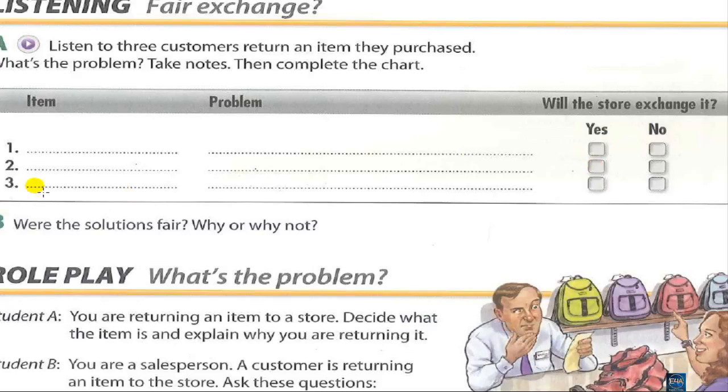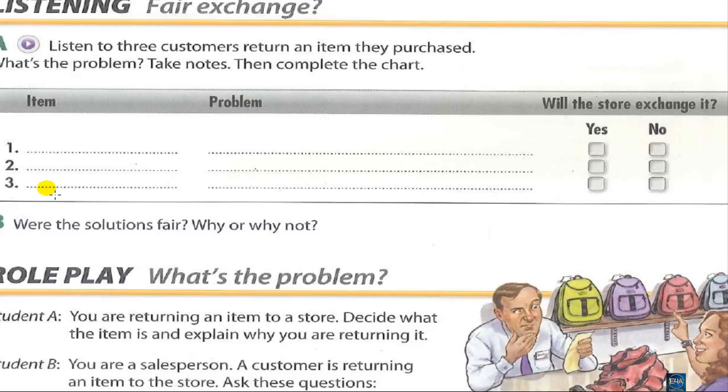3. Excuse me. Yes, how can I help you? You see this shirt? I bought it here a few weeks ago, but the first time I washed it, the color changed. It went from bright red to light pink. How did you wash it? Well, I just tossed it into the washing machine with my other clothes. What temperature did you use?